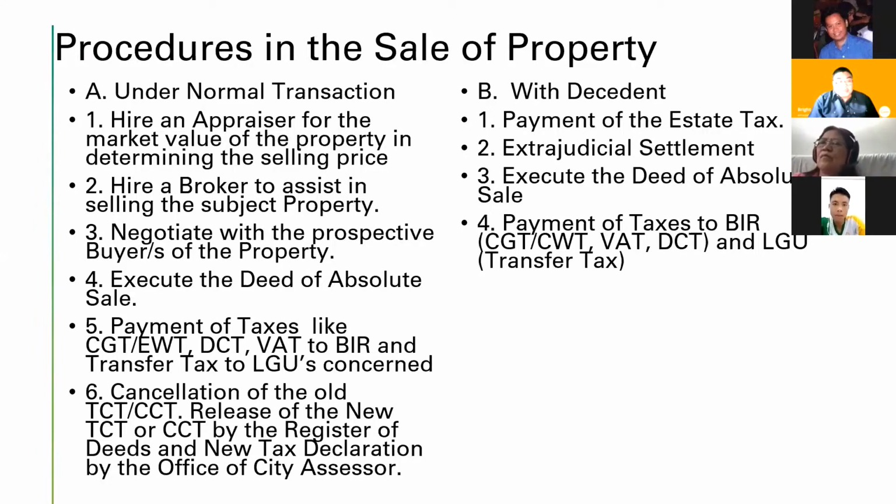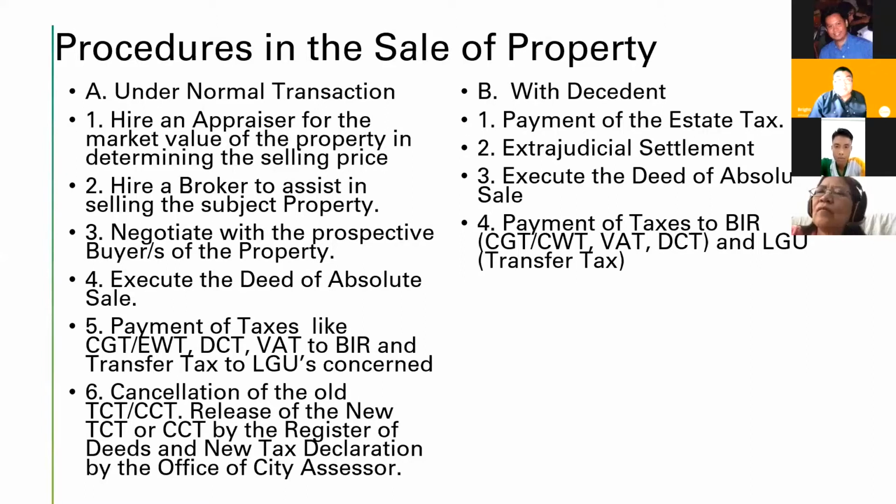Then the cancellation of the old TCT or CCT. And this could only be done after the BIR has approved. Nabayaran yung taxes sa kanila, then it will issue you for the cancellation. So the property owner, the new seller, the buyer would go there for the cancellation of the TCT or CCT.